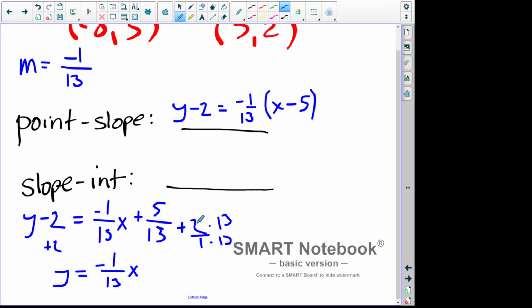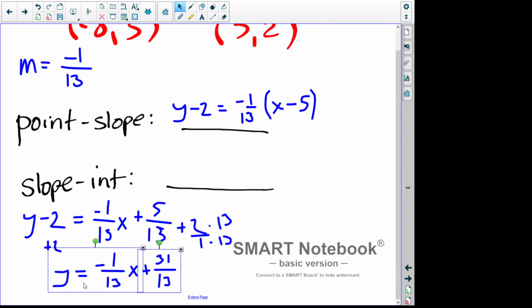So 2 over 1 is the same as 26 over 13. And so when I add 26 to 5, I get 31. So plus 31 over 13. Okay, so there is my slope-intercept form.